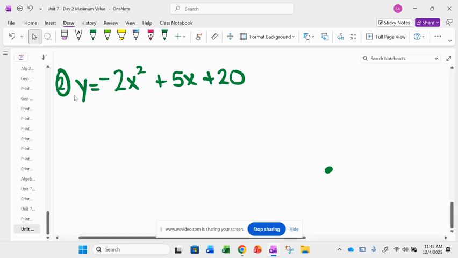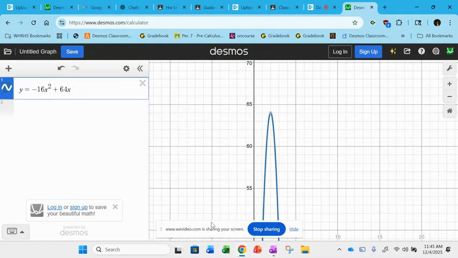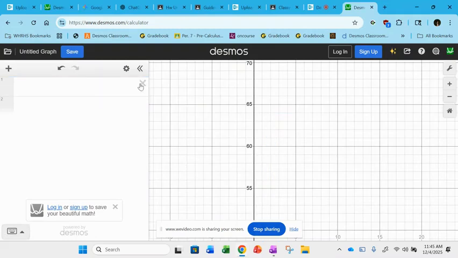But before we do this, let's graph it and see what this looks like. So let's go to Desmos. I have negative 2x squared plus 5x plus 20. I forgot to put my y equals. There we go.